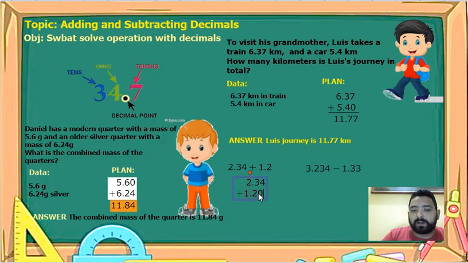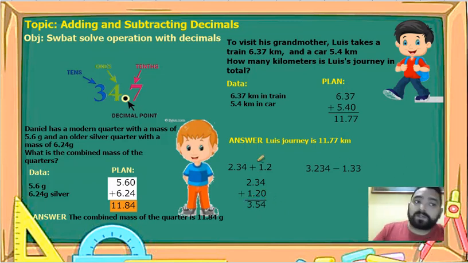So now you add 4 plus 0 gives us 4. 3 plus 2 gives us 5, and 2 plus 1 gives us 3, and the decimal point is going to be between 3 and 5, and this is going to be your answer for this addition.